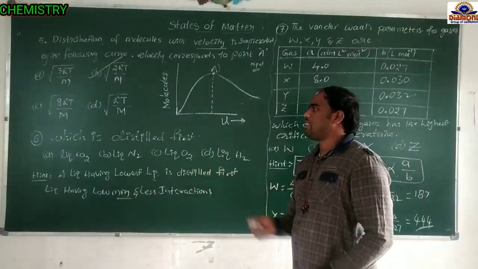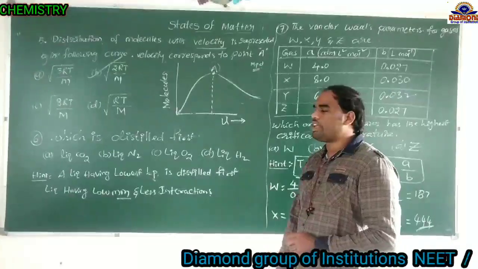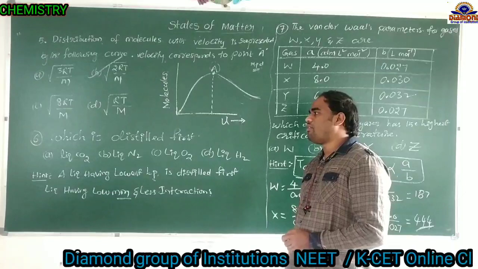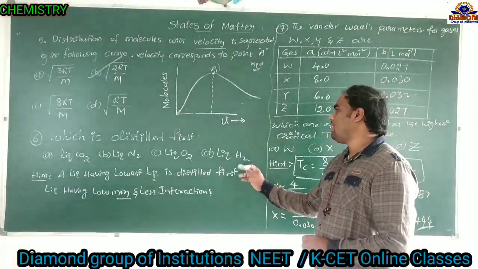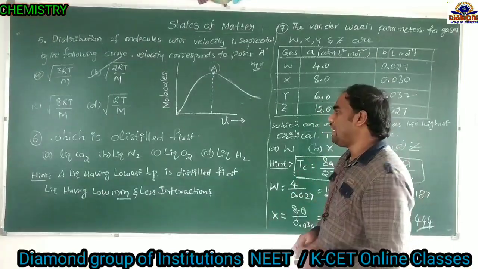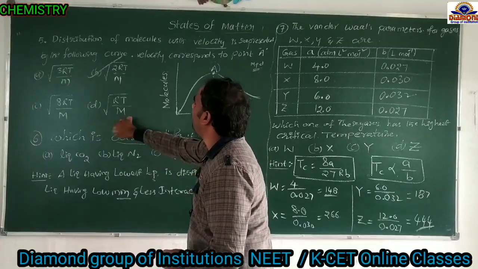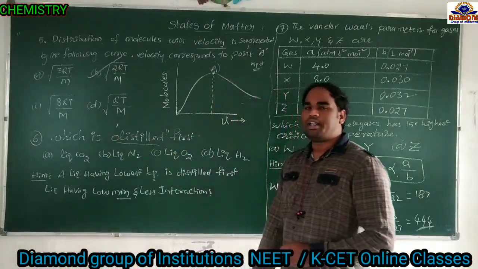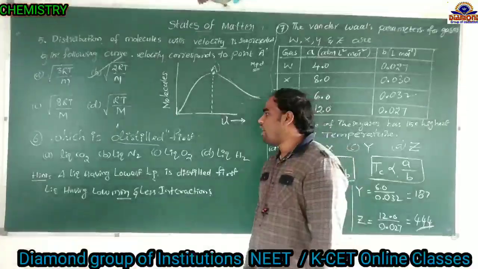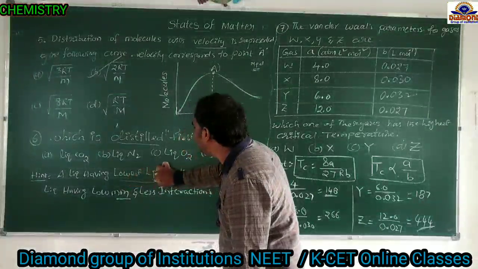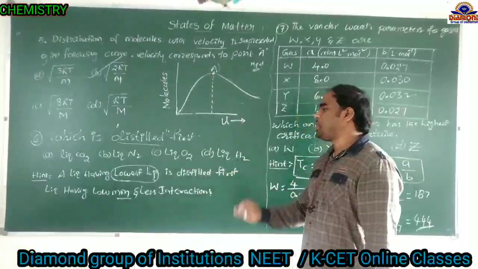Right. Question number 6. Which is distilled first? Option A, liquid carbon dioxide. Option B, liquid nitrogen. Option C, liquid oxygen. Option D, liquid hydrogen. So among these four liquids, which one is distilled first in purification? Here, a liquid having the lowest boiling point is distilled first.